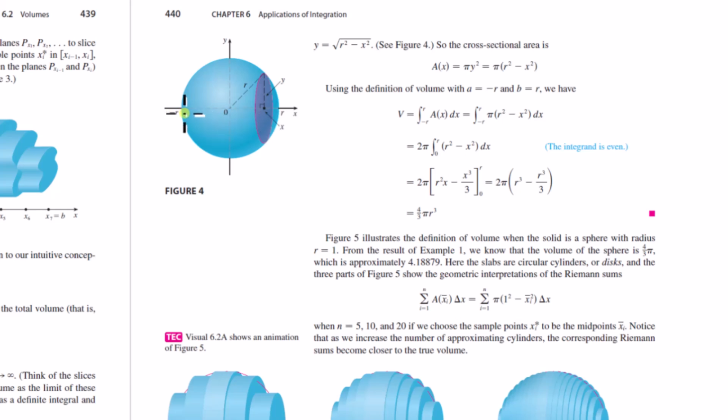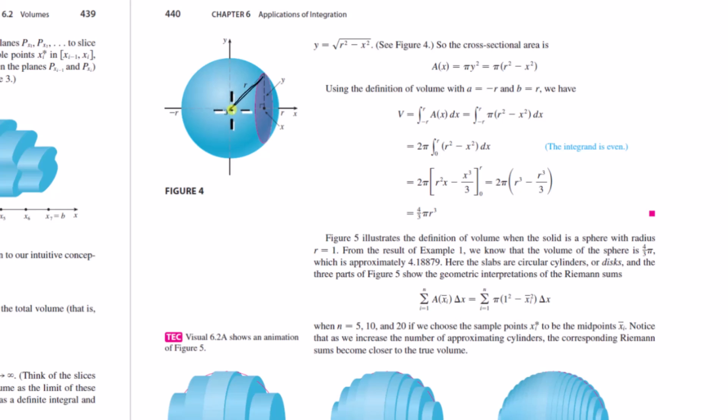Based on the definition of volume, you want a formula that represents, at each point on the x-axis, where you have a plane perpendicular to the x-axis that cuts through the sphere, what's that cross-sectional area? What they're saying is that r here is the radius of the sphere, not the radius of the cross-sectional circle.